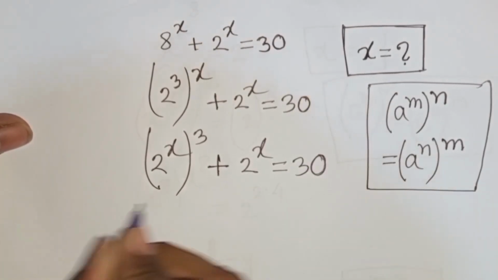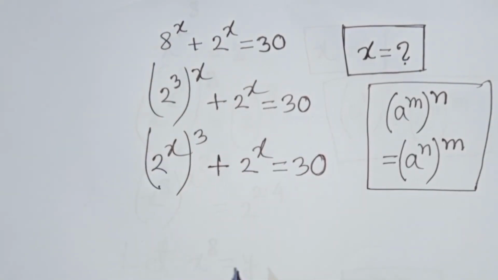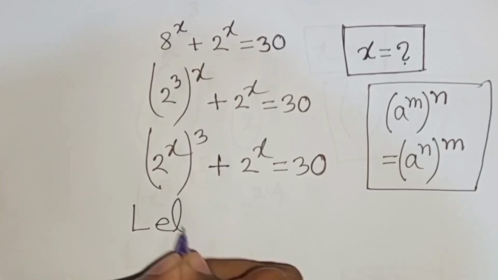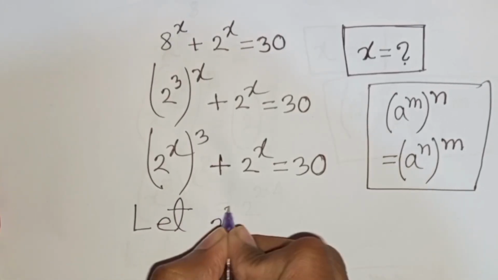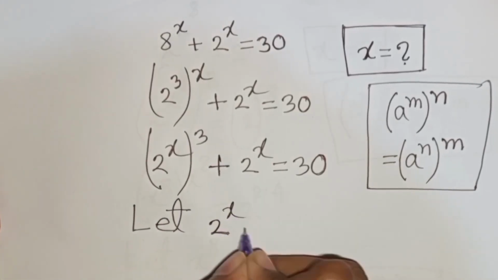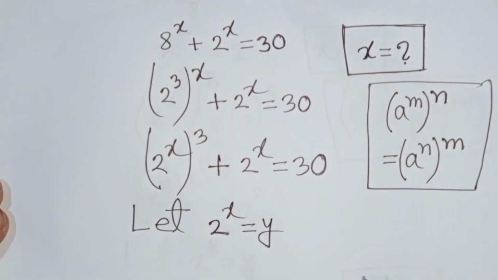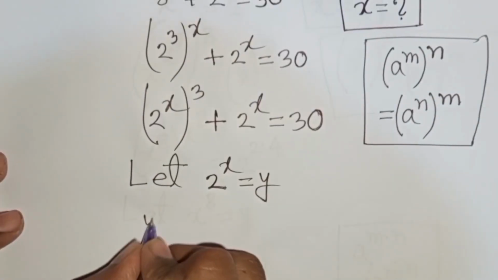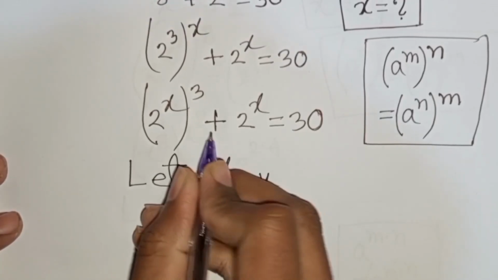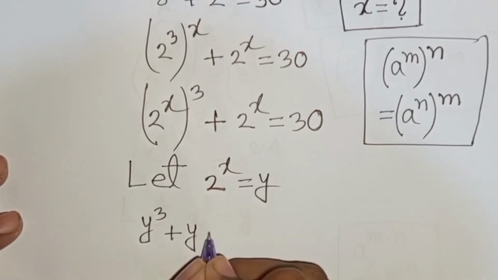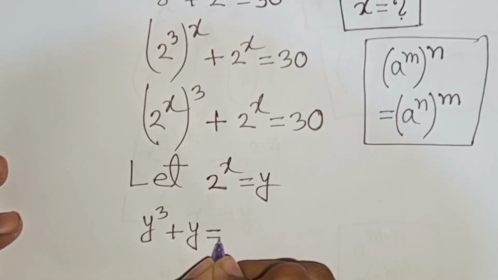Now we see 2^x, both terms are the same. So let 2^x be substituted by y. So our equation will be y^3 + y = 30.